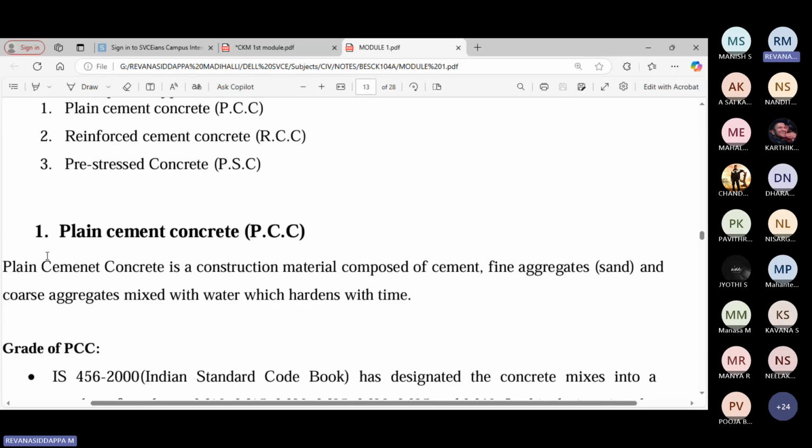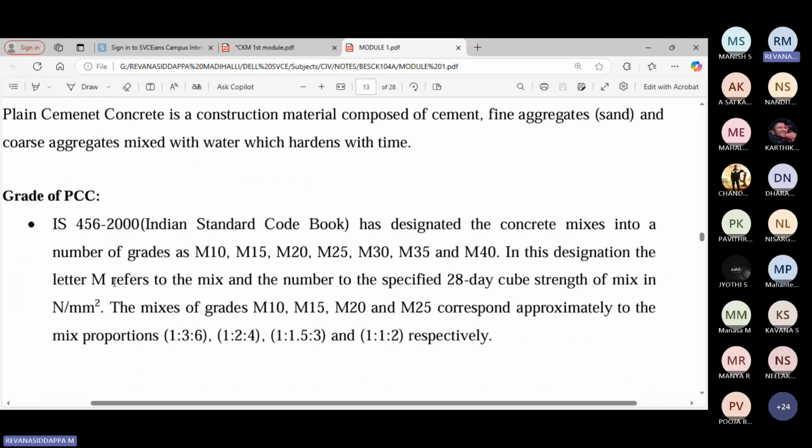And this concrete is available in different grades, similar to the grade of cement. Yesterday we discussed that there are three different grades of cement available in the market: 33 grade, 43 grade, and 53 grade.